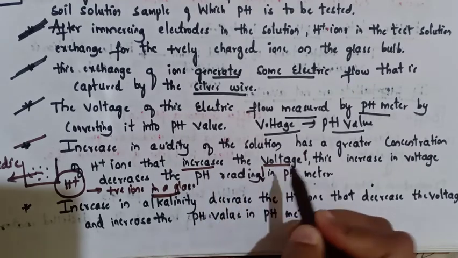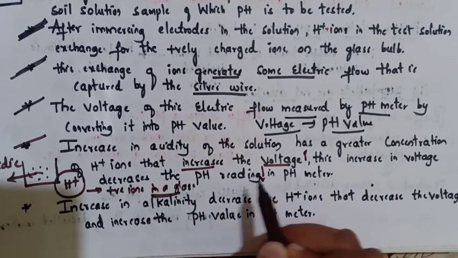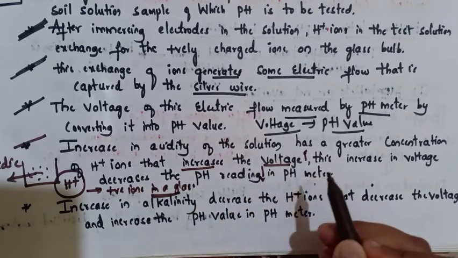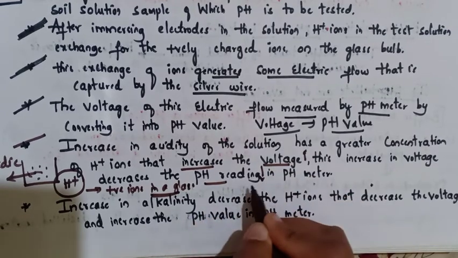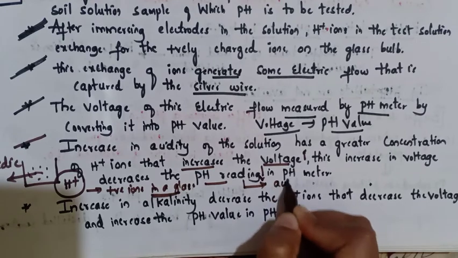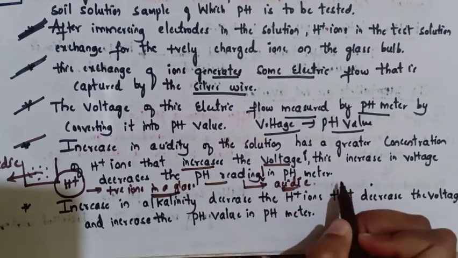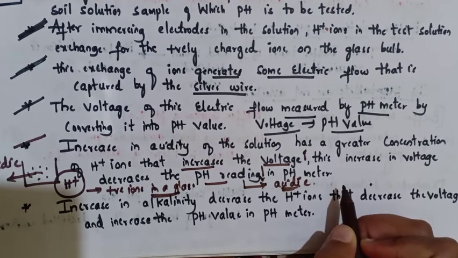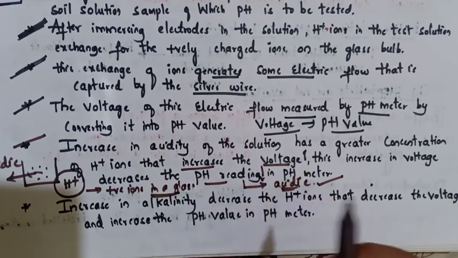That increases the voltage, and this increase in voltage decreases the pH reading in the pH meter. If the voltage increases, the pH reading will decrease, which shows that it is acidic. As I have already said, pH below 7 is acidic.